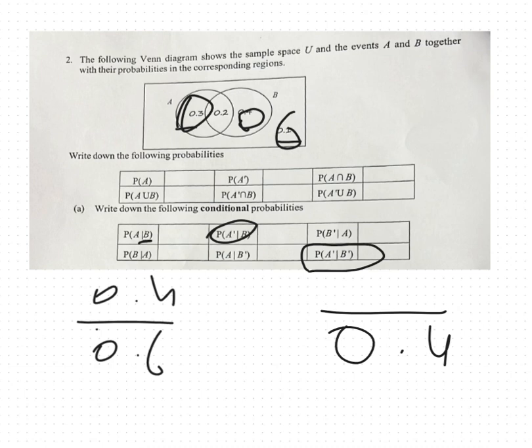The common element between A complement and B complement is 0.1, so here comes 0.1. We can't write 0.4 over here because that is not B complement, and we can't write 0.3 either because that is not A complement. So we have to decide the numerator by the intersection of A complement and B complement.